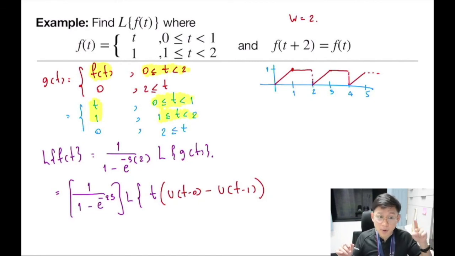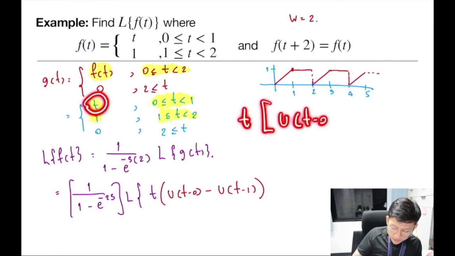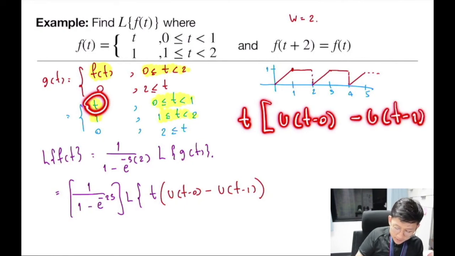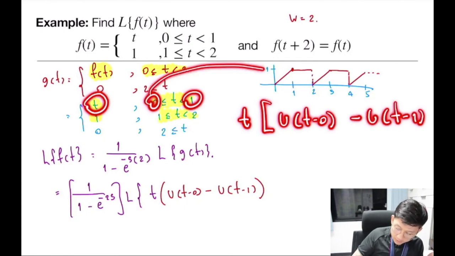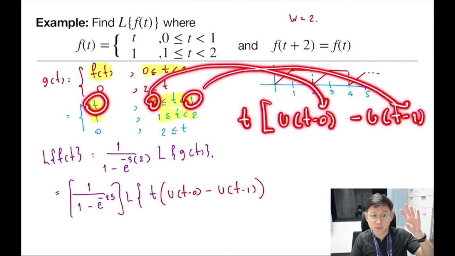If you don't remember, go back to the previous video when we talked about the unit step function. We have t times u(t minus 0) minus u(t minus 1); 0 and 1 come from here.